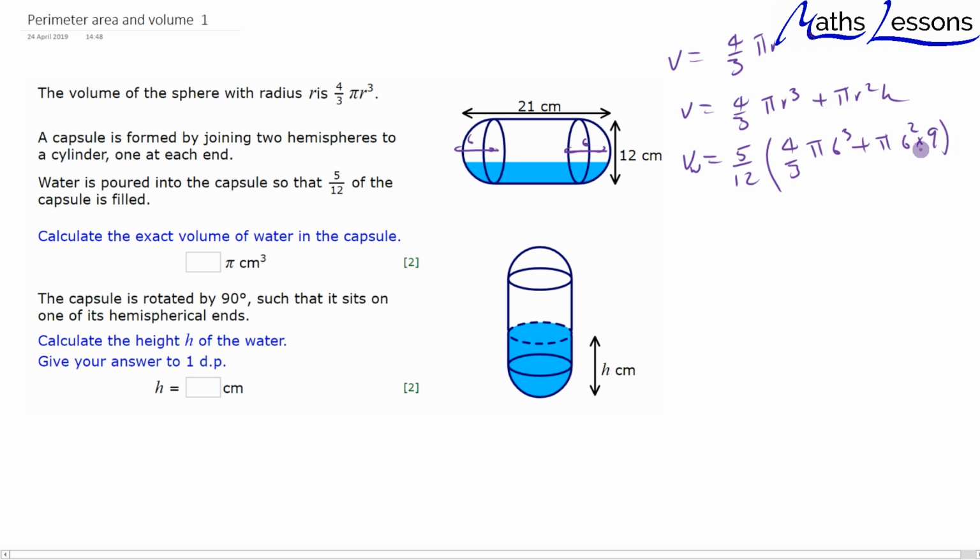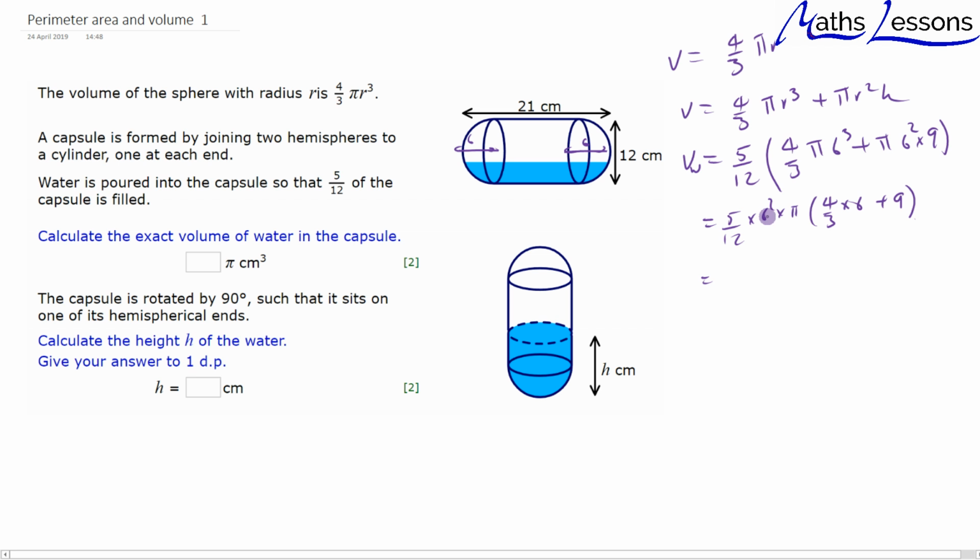If you were doing this as a non-calculator question, we can save ourselves a lot of work by taking some factors out. We've got 6 squared as a factor here, 6 squared as a factor here, and pi. So let's take out the 5/12 times 6 squared times pi, and that will leave me 4/3 times 6, because I took a 6 squared out, and then a 9 here.